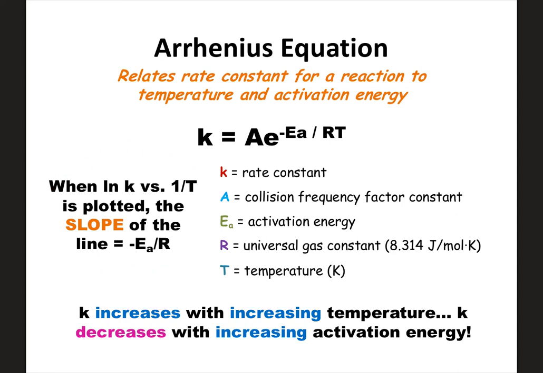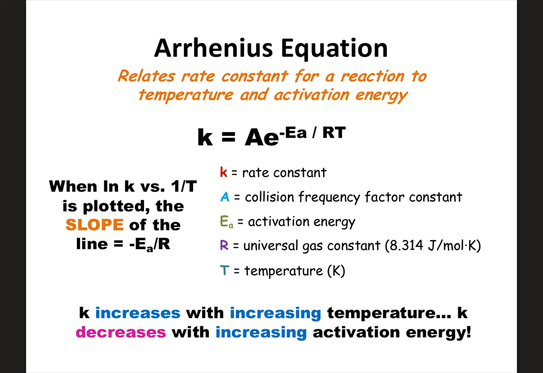This is what we can do to determine the activation energy. The basic gist is this: if you do an experiment multiple times at different temperatures, that's key. We know if you change the temperature, you change the rate constant.